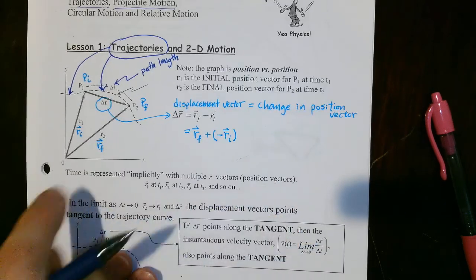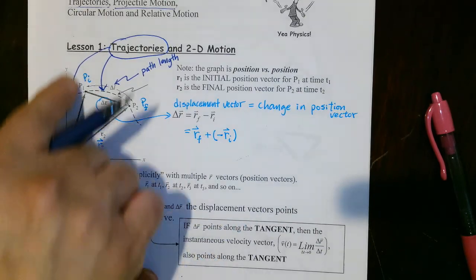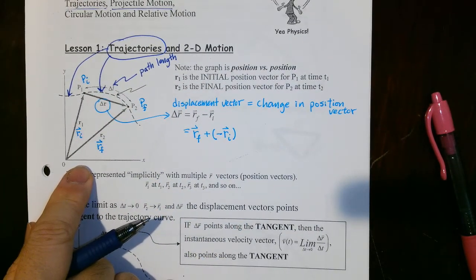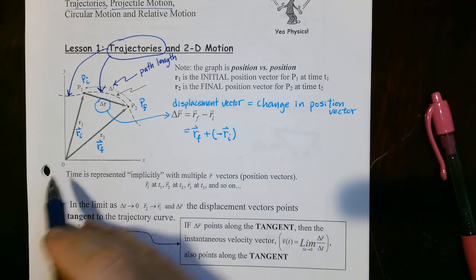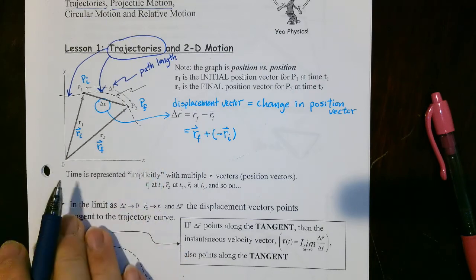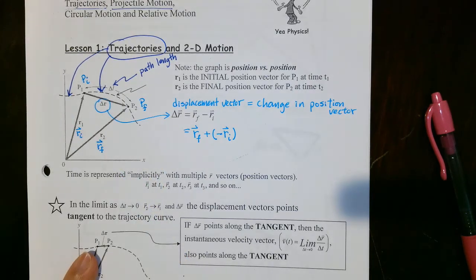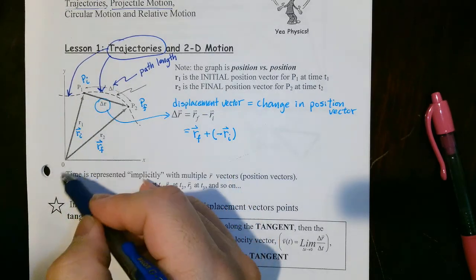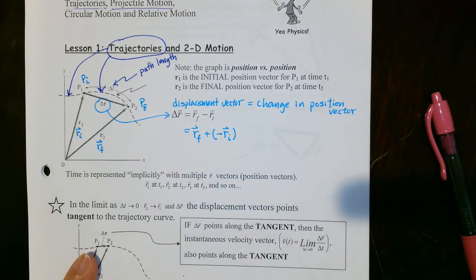Don't forget, this is not a position versus time graph. This is a position versus position graph: position in the x-axis versus position in the y-axis. Time is implicitly defined inside these position functions of x and y in a parametric equation.